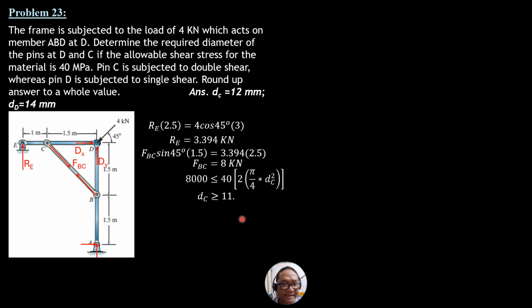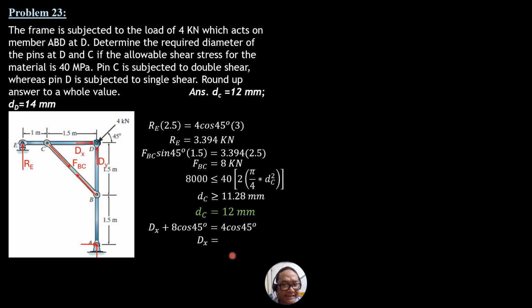So D sub C is greater or equal to 11.28 mm. Since we have to round up answer to a whole value, D sub C equals 12 mm. Then for the reaction at D, summation of forces in X equals 0. D sub x plus 8, F sub BC, 8 cosine of 45 equals 4 cosine of 45.